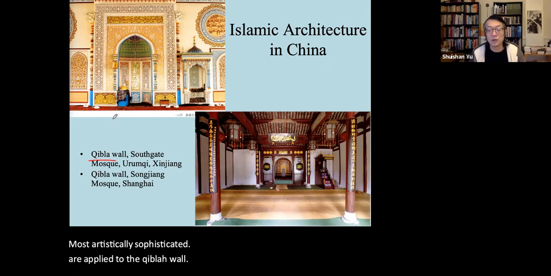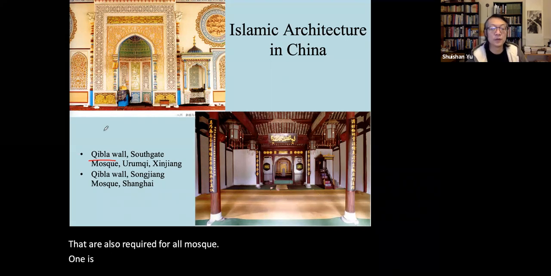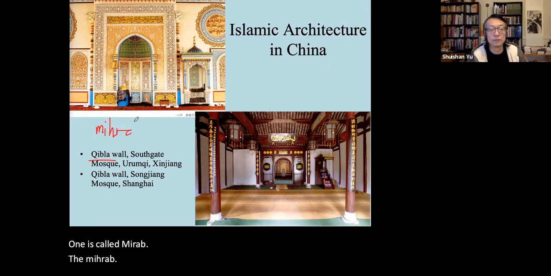And there are also two special treatments in that wall that are also required for all mosques. One is called the mihrab. The mihrab is a niche, an empty niche that is also highly decorated.